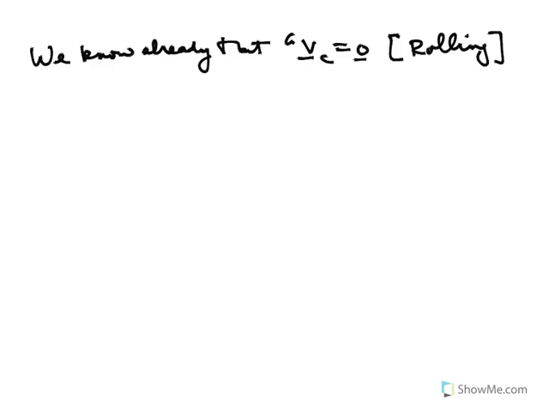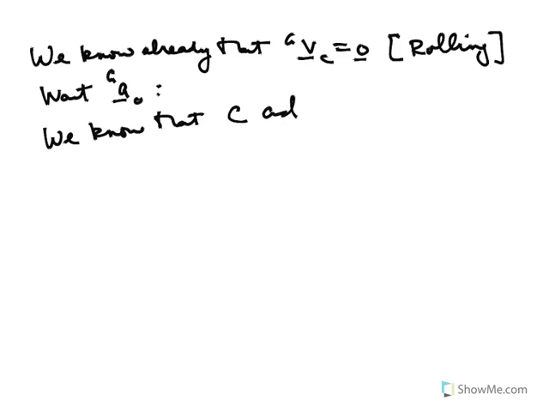Now we need the acceleration of point C, as viewed by an observer fixed to the ground. So how do we get that? Well, we know that C and O are points on the disk.